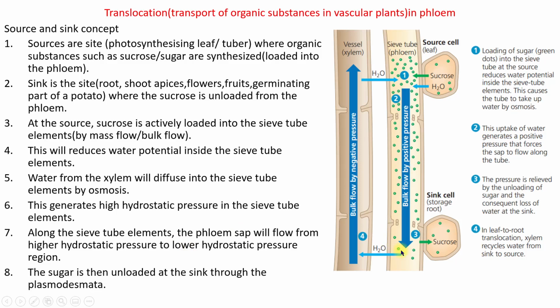Next, the sugar is then unloaded at the sink through the plasmodesmata. So the sink cell will receive the sucrose. So that's it. This is the source and the sink concept generally.